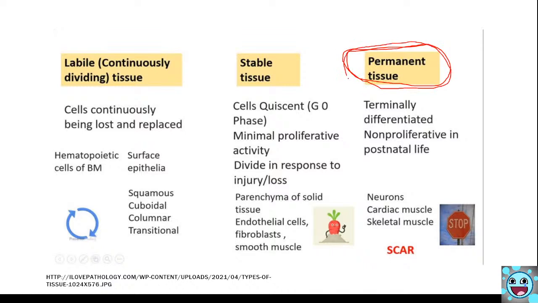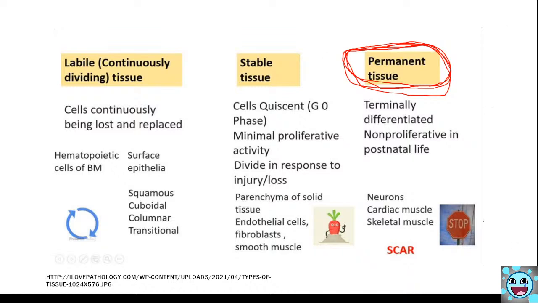This is where we would like to implement tissue engineering and regenerative medicine, in the permanent tissues, because these cells, once they die, will not be able to be replaced, or we can say that the regenerative capability is very limited.